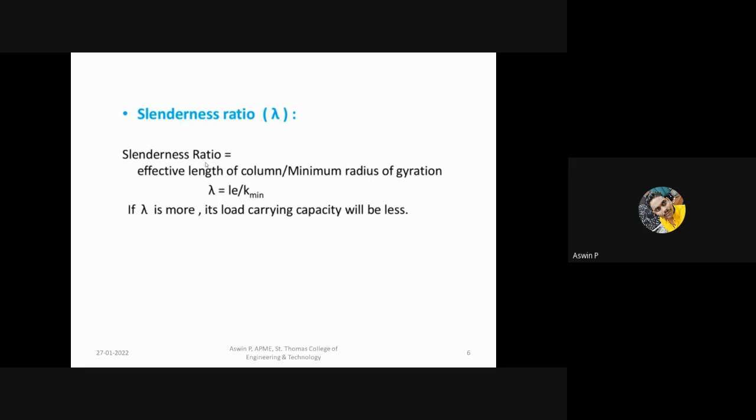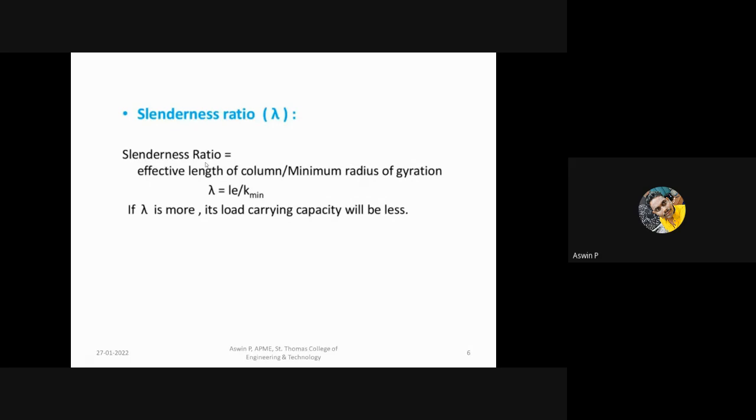And if the lambda is small, that's an important thing, its load carrying capacity will be less. Whenever we are planning to design a column, we have to understand what type of loading is coming there and the amount of load acting on the column.